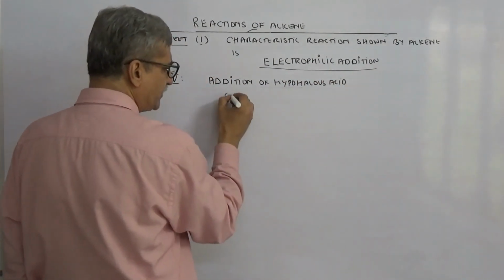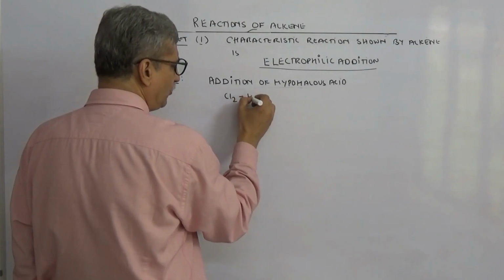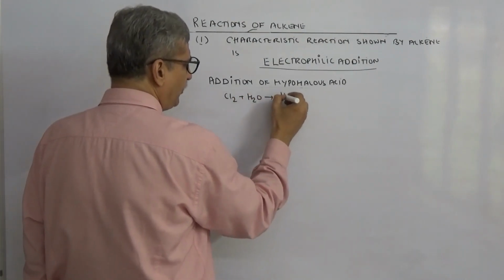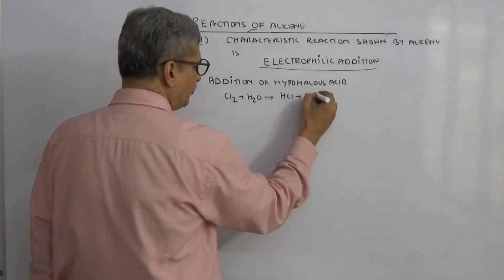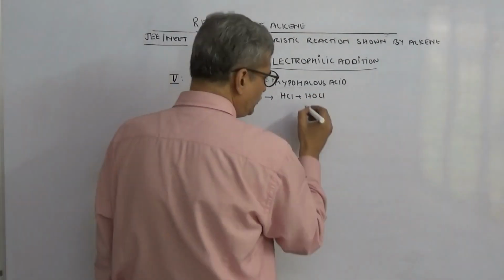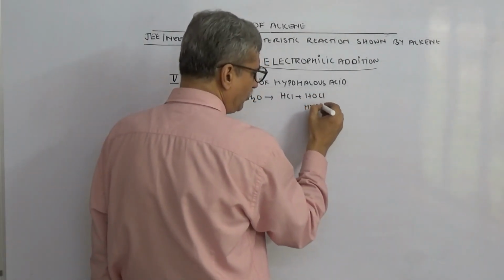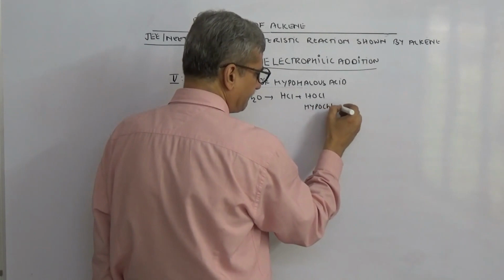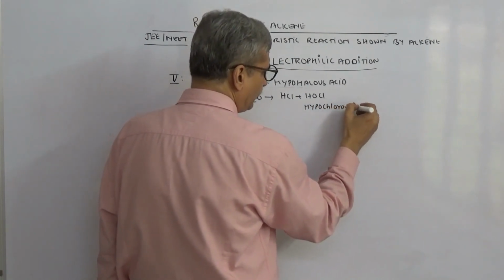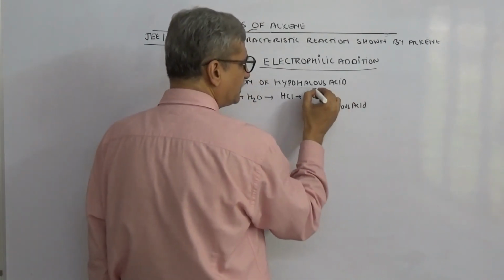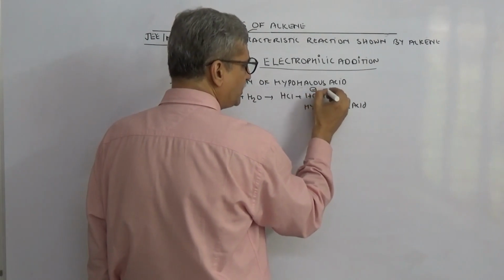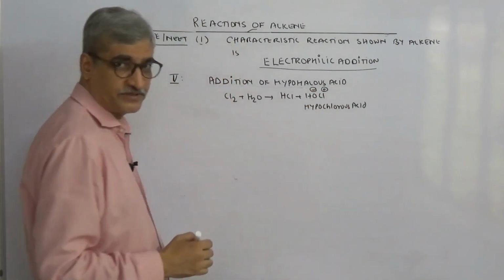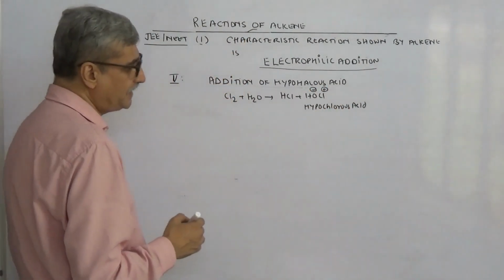See, what happens is when you react, say, chlorine with water, it forms HCl and HOCl. So HOCl is called hypochlorous acid, highly unstable. So this will come out as OH minus and Cl plus. We told you it is an electrophilic addition.